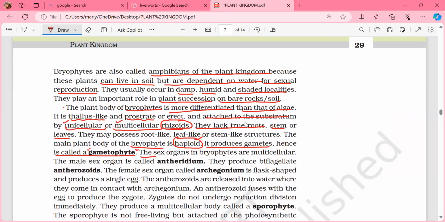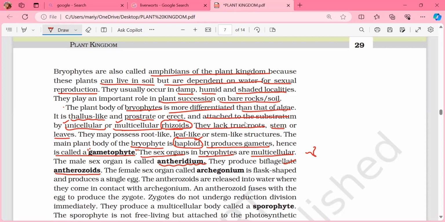So the sex organs in the bryophytes are multicellular. The male sex organ is known as antheridium. They would produce antherozoids, and these antherozoids will be biflagellate, meaning having two flagella. So the male sex organ in the case of bryophytes is known as the antheridium, just like in the angiosperm it is the androecium.